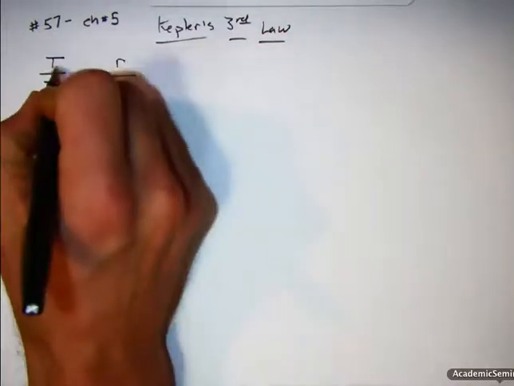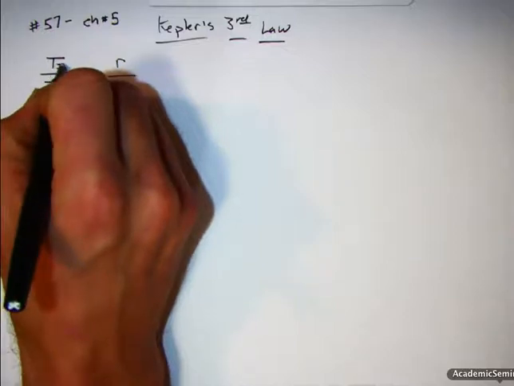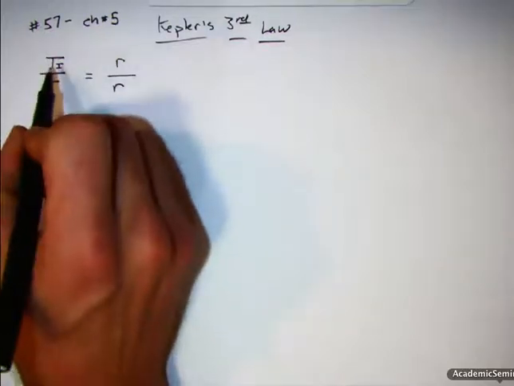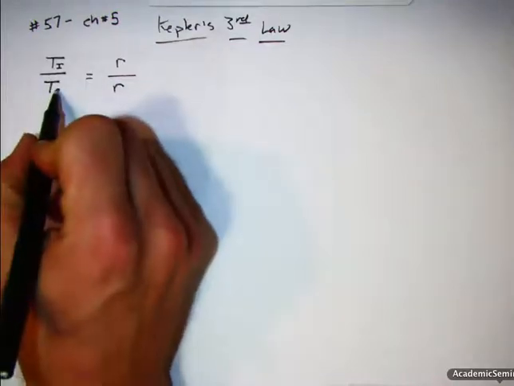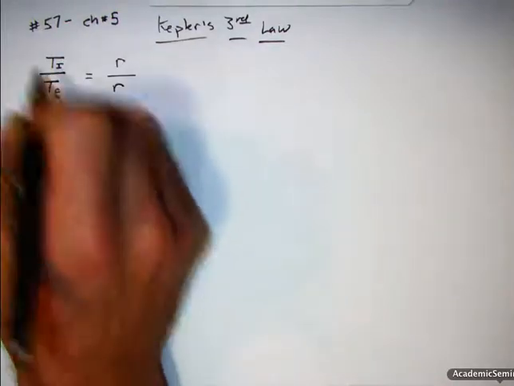So in this example, we're comparing the period, the time it takes Icarus to make one full trip around the sun, compared to the Earth.